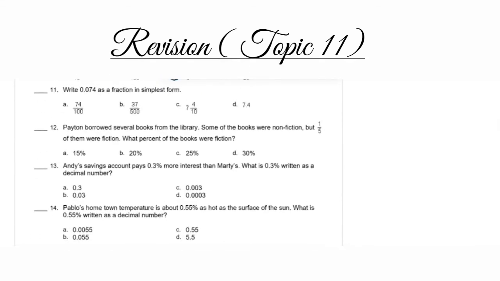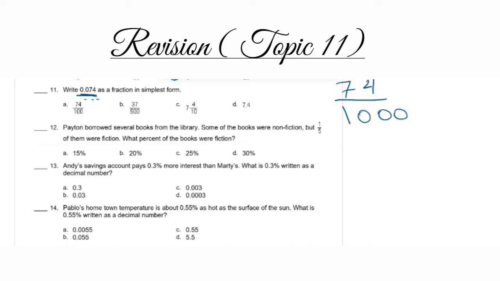In question number 11, write this decimal as a fraction in the simplest form. So write the numerator 74, and how many zeros do we have? We have 3 digits to the right of the decimal point, so we need 3 zeros in the denominator. Now, can you simplify this? We can divide by 2.